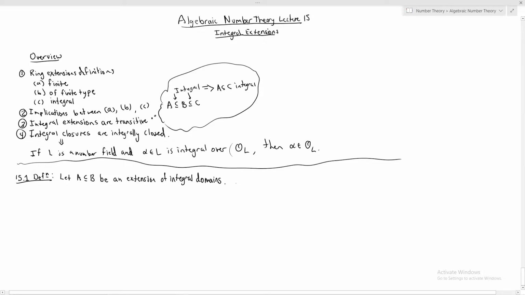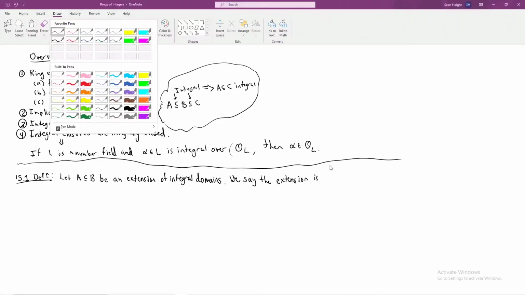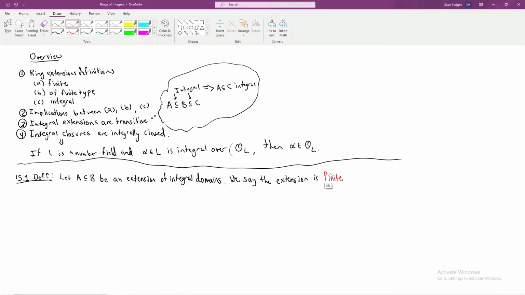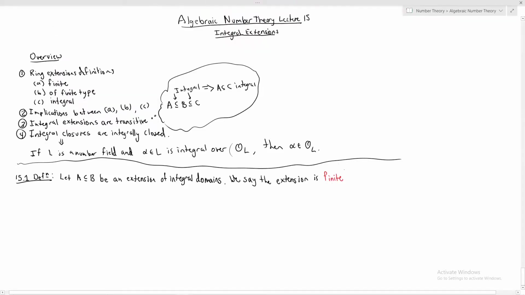Okay. So what does it mean for the extension to be finite? We say the extension is finite if B is a finitely generated A module.